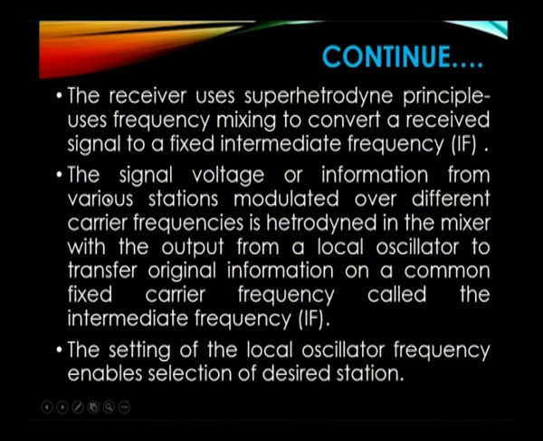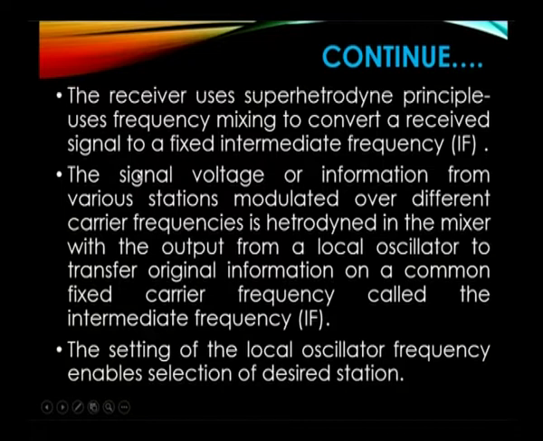The receiver uses the superheterodyne principle, that is, it uses frequency mixing to convert all the signals received in the tuner into a fixed intermediate frequency. From now on we are going to call it IF. The signal voltage or information from various stations is modulated over different carrier frequencies.